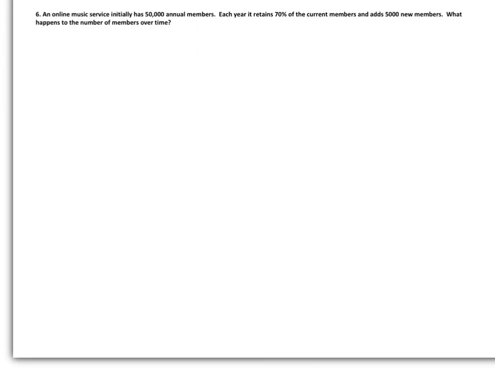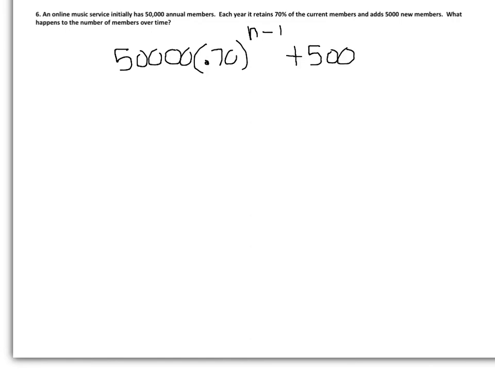And it says you retain 70%. So if you think about that, isn't it 50,000 times 0.7 to the n minus 1 plus 5,000?